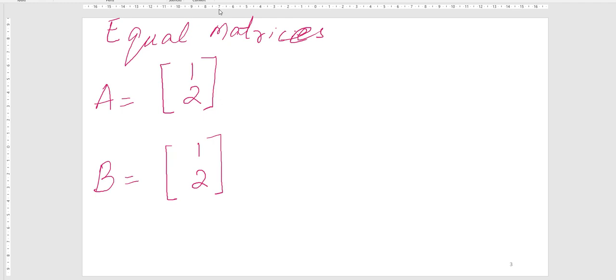For equal matrices, there are two conditions to satisfy to decide whether two matrices are equal or not. The first condition is that they should have the same order.